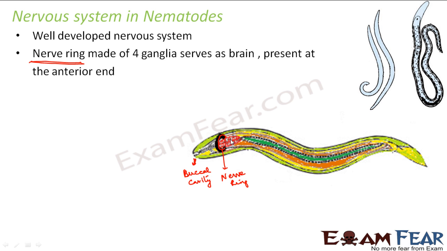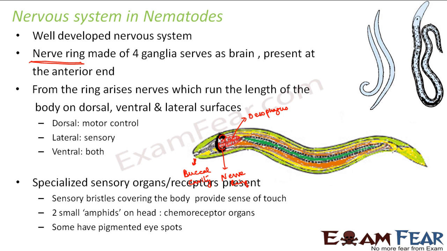Now this nerve ring is present just near the esophagus, or the food pipe. From the nerve ring arise nerves which run the length of the body on dorsal, ventral and lateral surfaces. That means dorsal nerves, ventral nerves and lateral nerves.